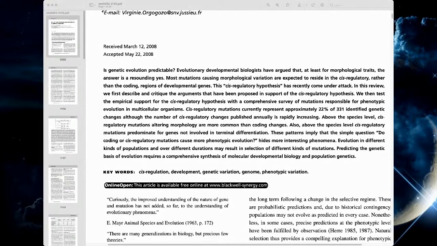And I guess the question we're trying to answer at this point is whether there is a leaning towards one in terms of the relative contribution to genetic variation in a population. That's what this paper is going over, talking about some of the arguments for the cis-regulatory hypothesis, as they call it, and then seeing whether those arguments work.